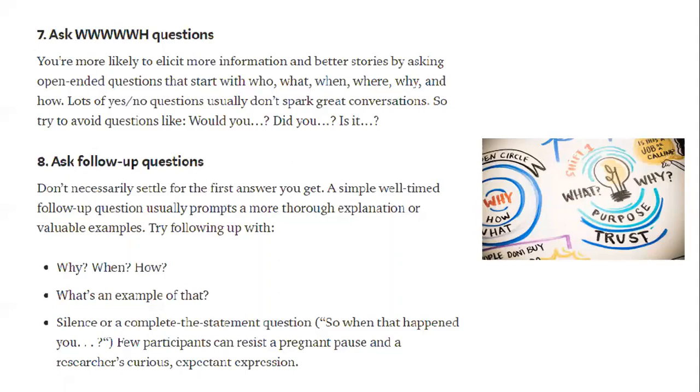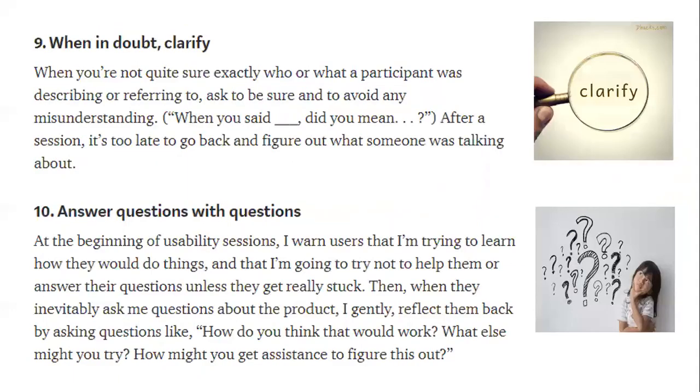So those were the 8 first tips to have a good interview. The other set of tips are these. Clarify. Make sure that you understood what the other person wanted to say, because your context is going to be different than the context of the other person.